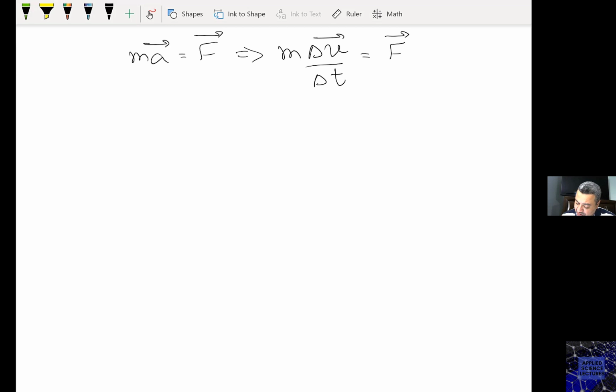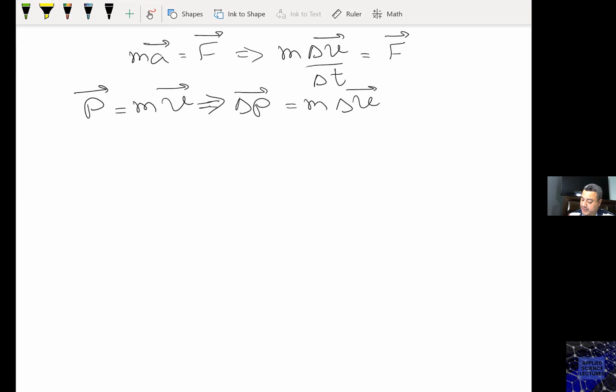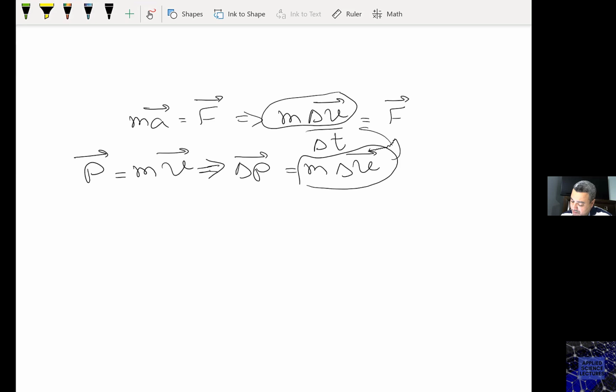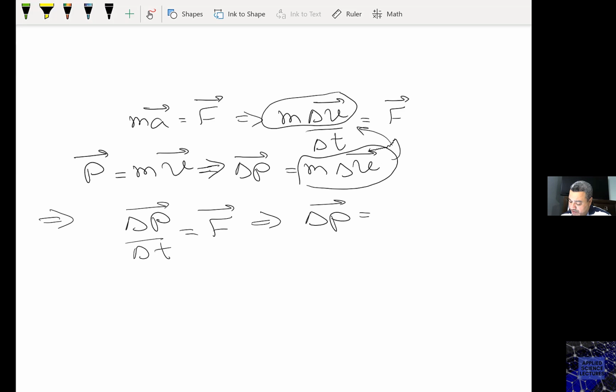If we use the expression that we've just introduced, momentum equals the mass times the velocity, then delta P is m times delta V. So if I substitute m delta V with delta P here, we get delta P over delta T equals F, or delta P is indeed F times delta T.